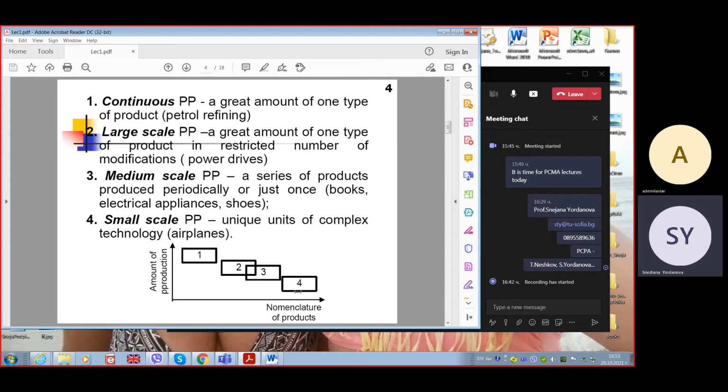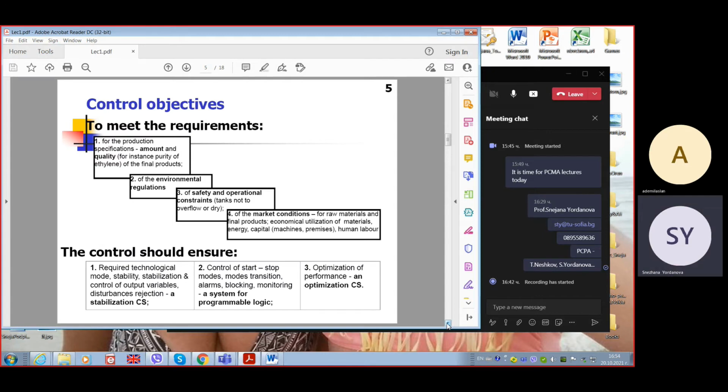So the nomenclature of product is high, but the amount is small. Unique units are produced. So small amount of unique units, and the nomenclatures, because one plane is one type, the other is a helicopter, and so on. So next time, different types of planes.